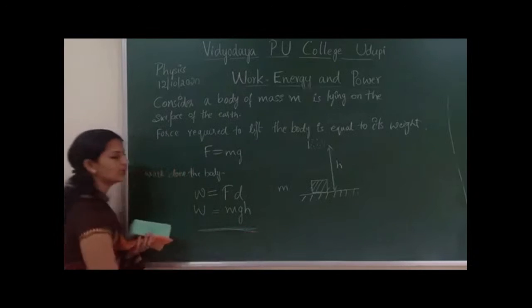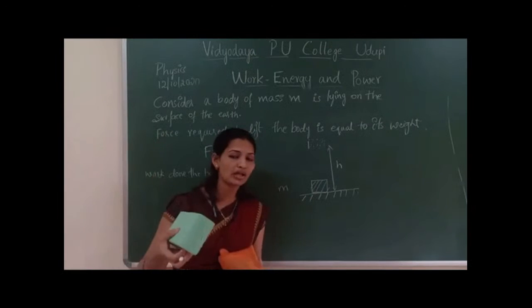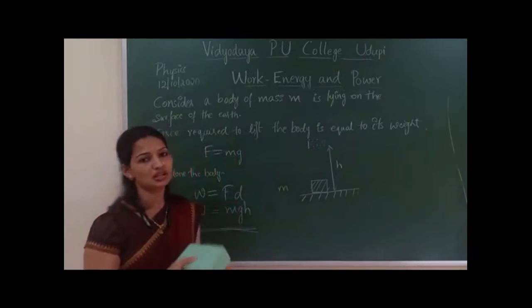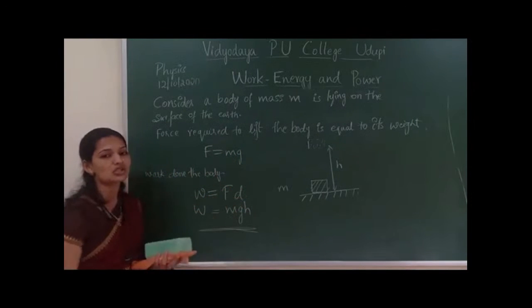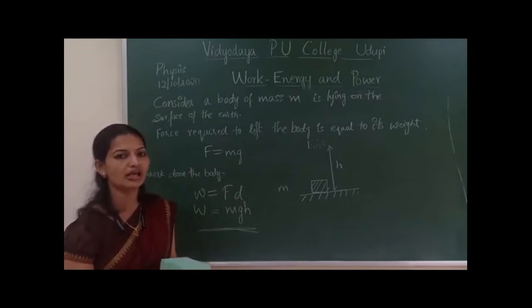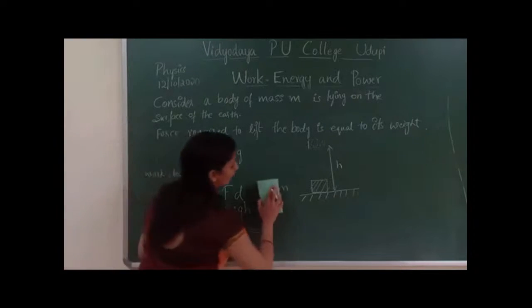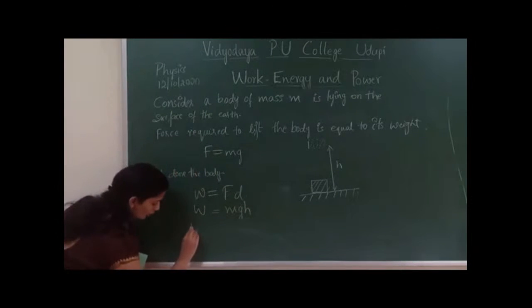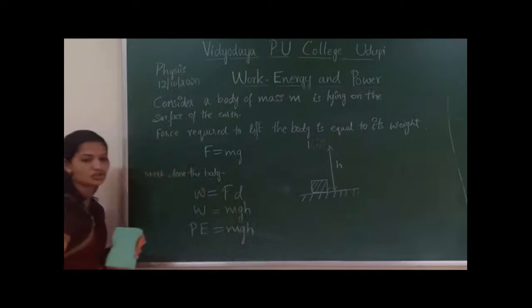And this work done on the body is stored as potential energy of the body. So this work done is equal to potential energy. It's an expression for gravitational potential energy.